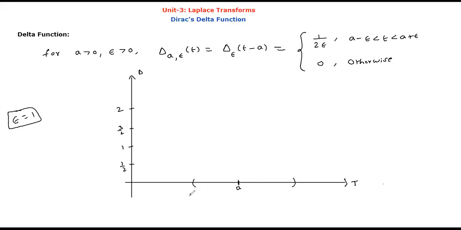So from a minus epsilon to a plus epsilon, it has a constant function value. Only this value. Outside a minus epsilon to a plus epsilon, what is the value? 0. There is no function defined. So it is non-zero only from a minus epsilon to a plus epsilon. Is it okay?